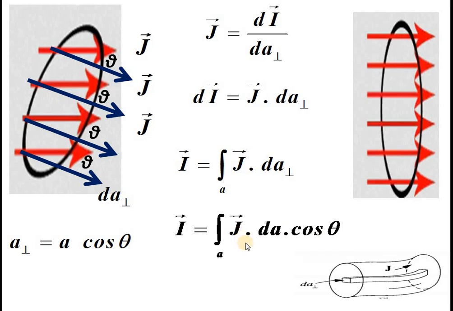So now what happens? If you take this, it has different components, J dA cos theta, then you can see that this is a dot product of vector J and the vector dA. Understand? So you can rewrite J dA cos theta as vector J dot vector dA.